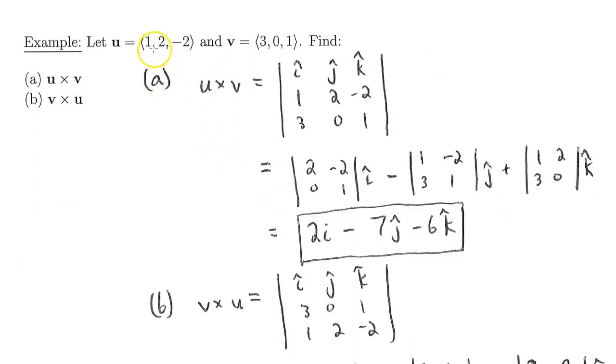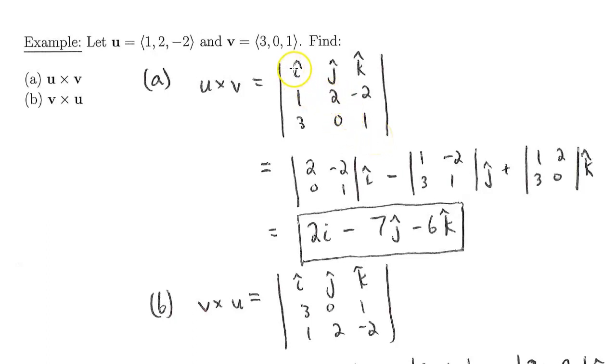Suppose U is the vector 1, 2, minus 2, and V is the vector 3, 0, 1. What is U cross V? And then also, what's V cross U? Now for U cross V, we're going to put I, J, K along the top row. Then we're going to put U here, 1, 2, minus 2, and V in the bottom row, 3, 0, 1. So what's the determinant?